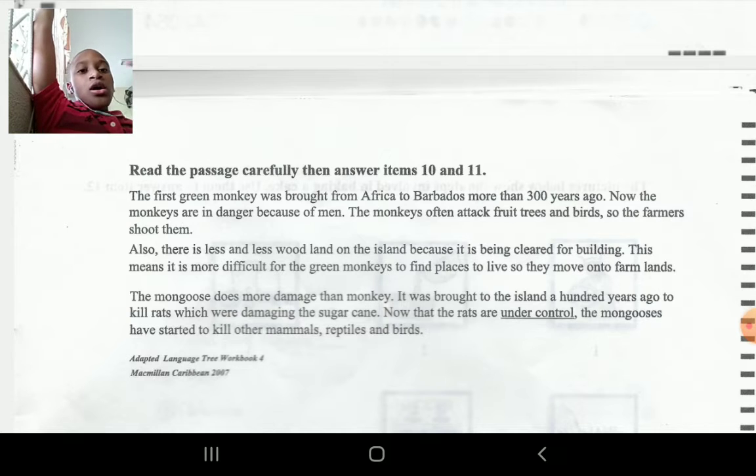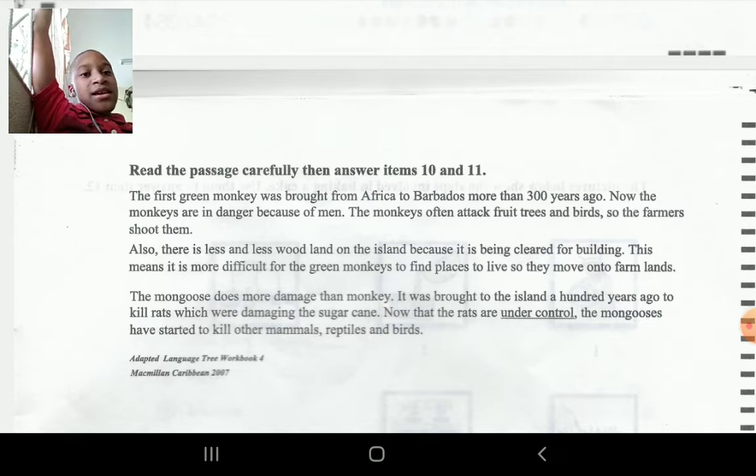Understandable. Also, there is less and less woodland on the island because it is being cleared for building.